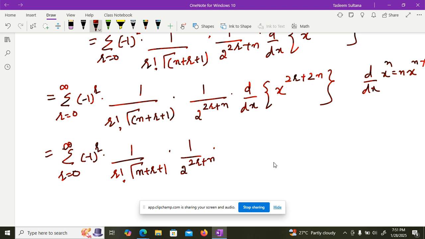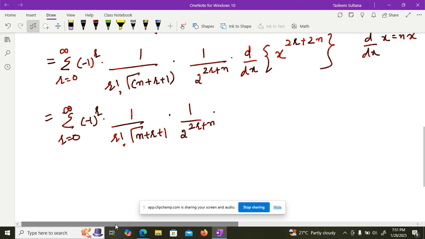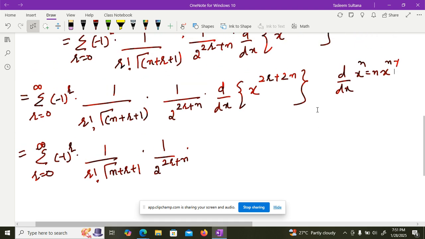So this term will be treated as the n. So what we are going to get from here, that is minus 1.